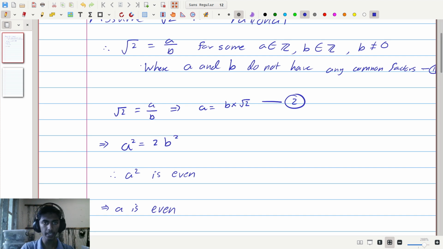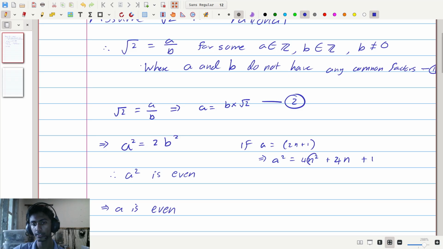Well, in the case that a is odd, a would be of the form 2n plus 1. So if this is the case, then we can say that a squared would be (2n) squared, which is 4n squared, plus double of 2n, which is 4n, plus 1.